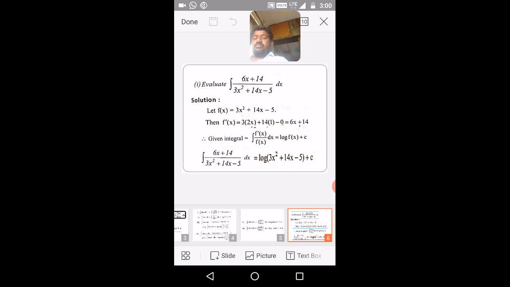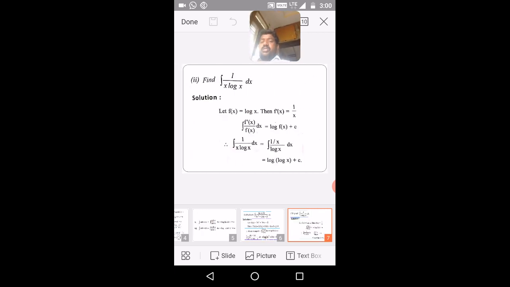Okay, and another question is also there. Find the integral of 1 by (x into log x) dx. With the denominator we are having x log x. But you have to change it: the integral of 1 by x log x should be taken as 1 by x divided by log x.